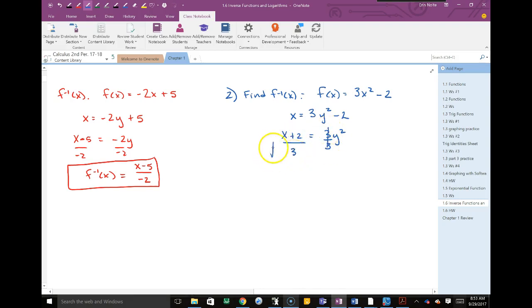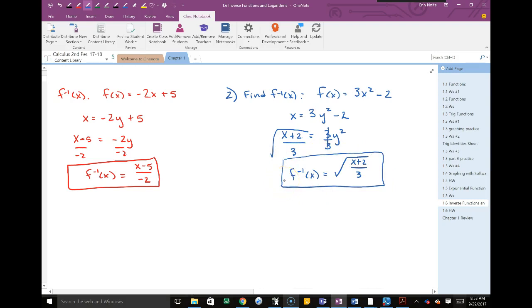And then take the square root, perfect. Okay, so my inverse function would be the square root of x plus 2 over 3. Agreed? Awesome. All right, so finding an inverse algebraically, pretty simple.